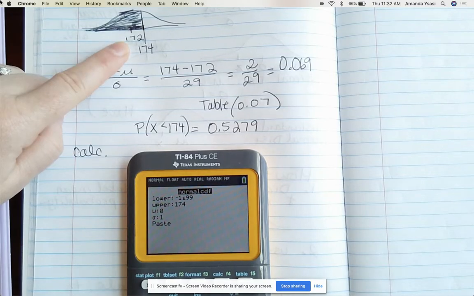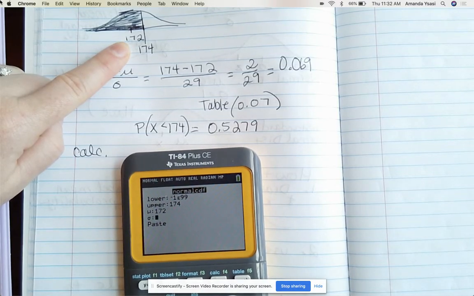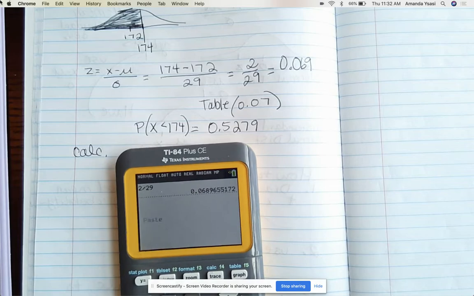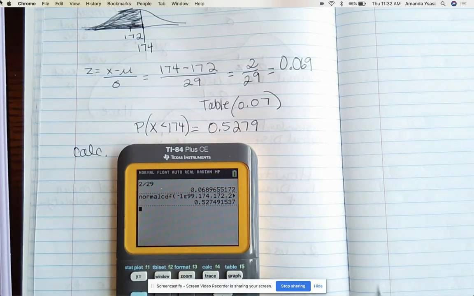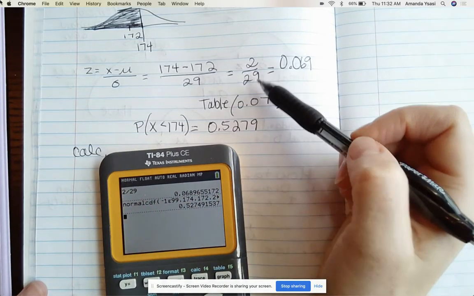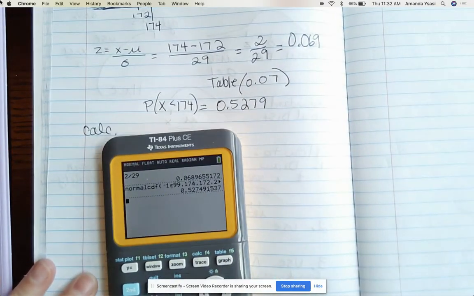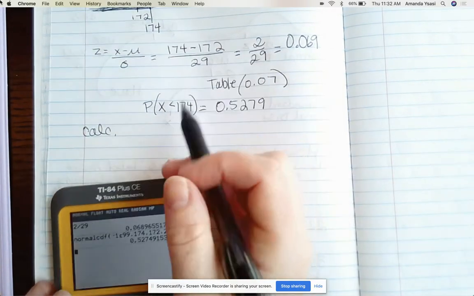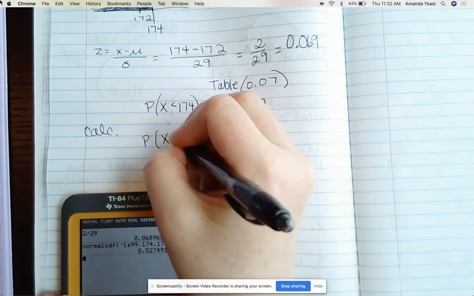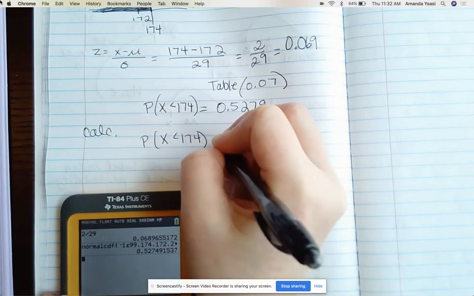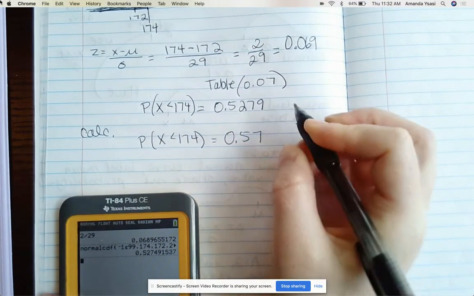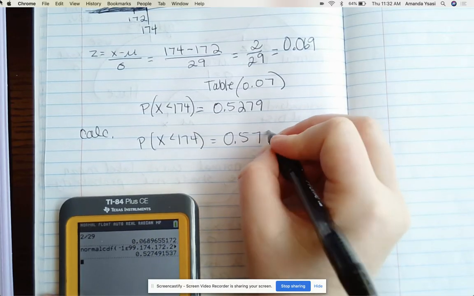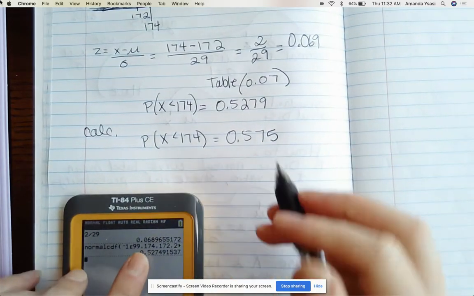Our mu is 172. Sigma is 29. And look how close that is. We didn't even have to use the Z in order to find it. So using the calculator, the probability that X is less than 174 is 0.5275. Oh, I forgot the 2 there, sorry.